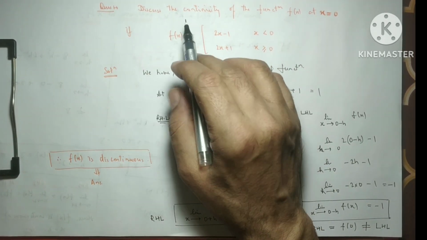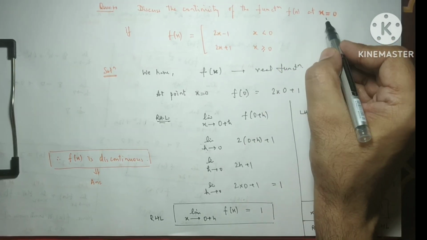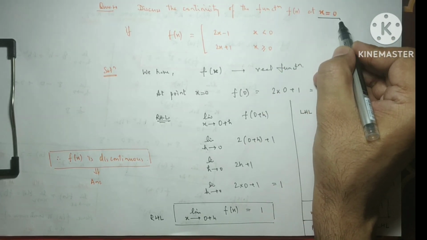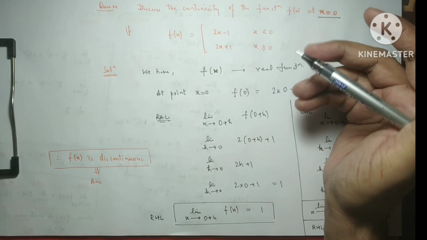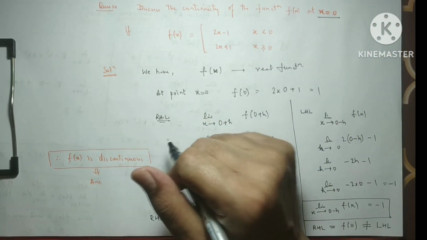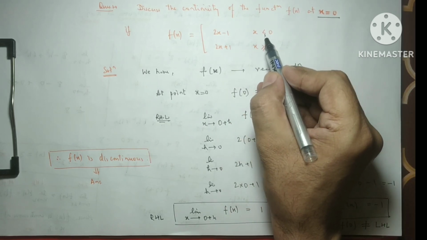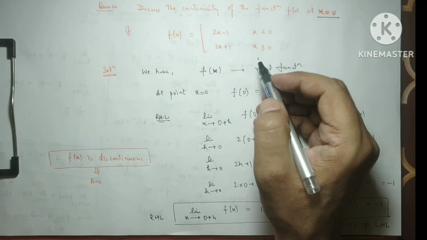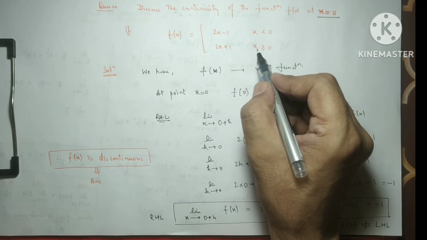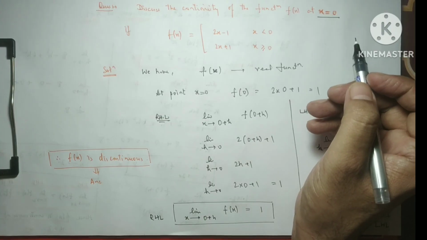Now we have a question to check the continuity of the function f(x) at x equals 0. But right now the function is defined with two definitions. For x less than 0, the negative side, and second, x greater than or equal to 0.